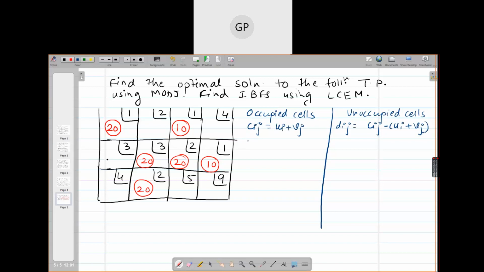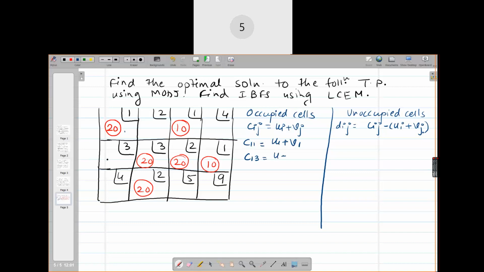So which is the first occupied cell? 1, 1, right? So C11 is U1 plus V1. Next occupied cell, go row wise. 1, 3. So what should be the equation?